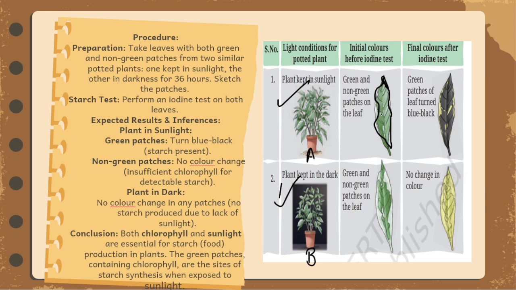Then conduct an iodine test on it. Now what you'll observe here is the plant which is kept in sunlight, the green patches that you have marked will turn blue black. Here in the image you can see. But on the other hand, the plant which is kept in dark, there will be no color change.